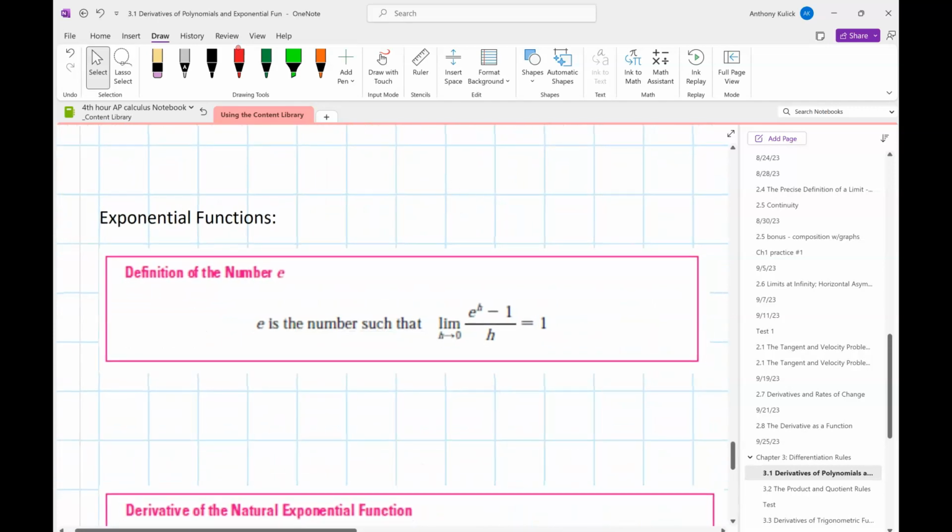This next definition, I've seen one time in the AP question bank. That's it. It's something you should treat as just an identity, like a fact. I don't think it's really that important, but I'm going to put it on here because I've seen it used once in an AP problem that I've looked at.